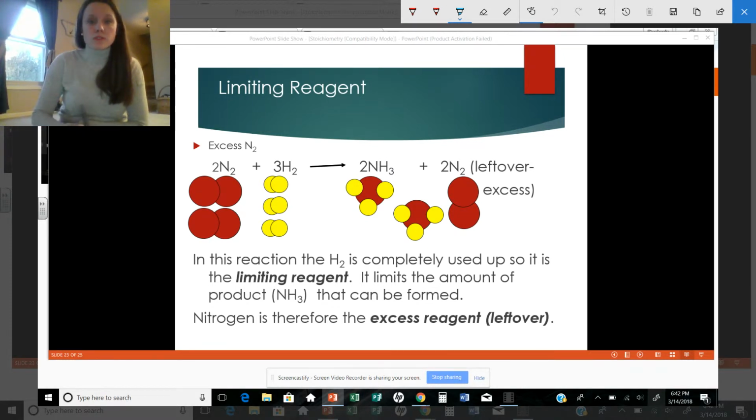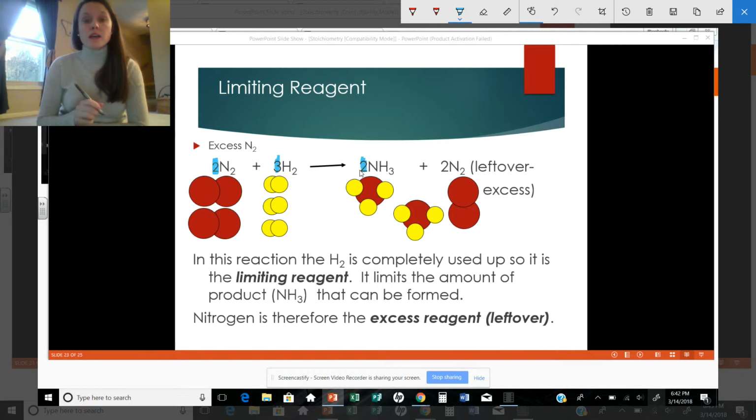So if you look on this side of our equation, we have 2 moles of nitrogen reacting with 3 moles of hydrogen. However, we still only get 2 moles of ammonia.